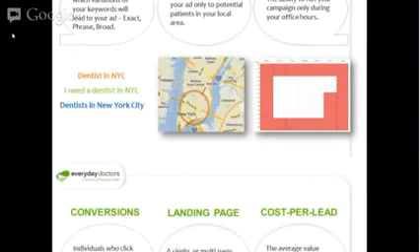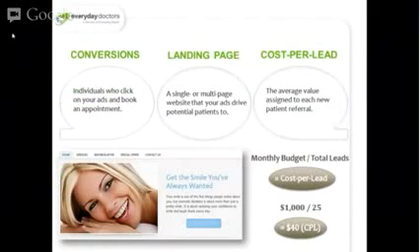Our last three terms are the most important when understanding digital marketing. The first is conversions. Conversions are the individuals who click on your ads and book an appointment. They are the #1 reason you have digital marketing campaigns in the first place. So what makes an individual choose your practice based off a PPC ad campaign? An effective landing page.